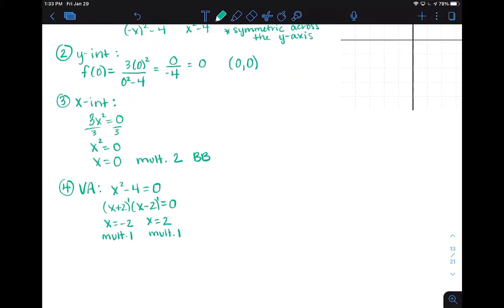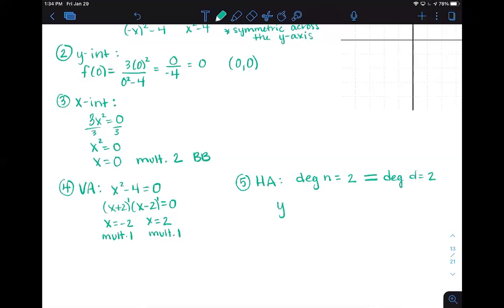And I'm going to go to the right. So step 5, our horizontal asymptote. What's the degree of our numerator? 2. What's the degree of our denominator? 2. And if those are equal, we look at our leading coefficients.